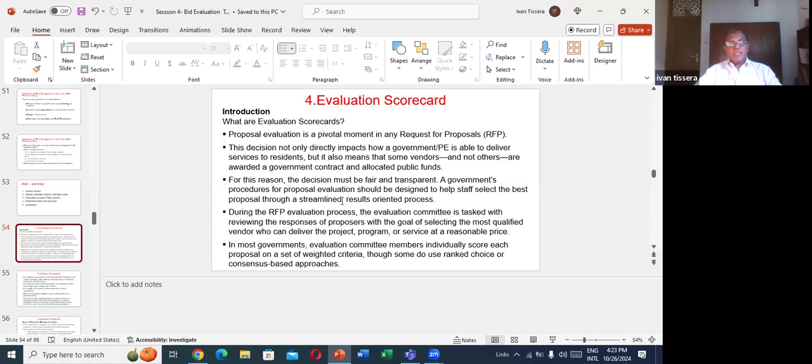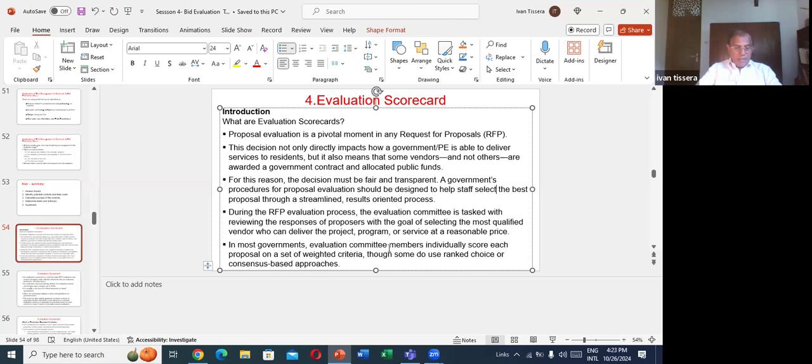A government's procedures for proposal evaluation should be designed to help staff select the best proposal through a streamlined, results-oriented process.